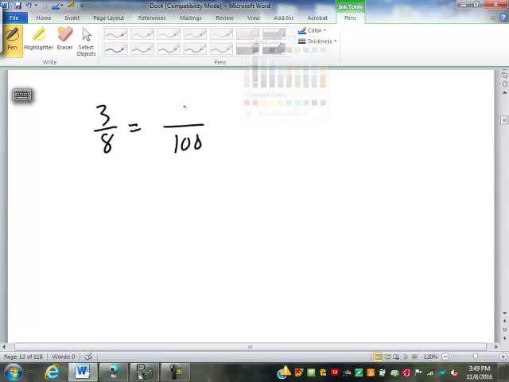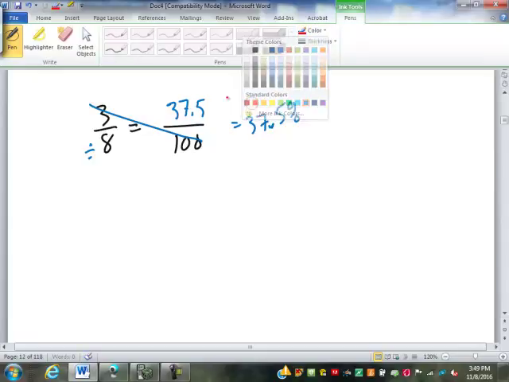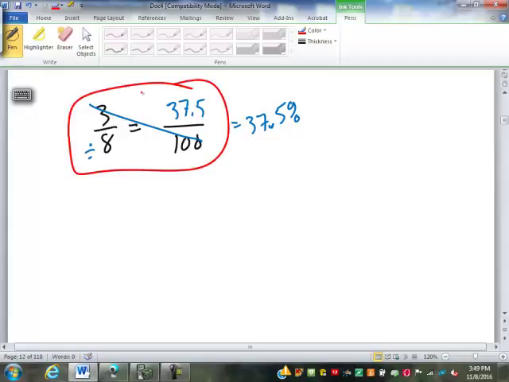So we solved that by cross multiplying. 3 times 100 is 300, and dividing by the 8 gave us 37.5 out of 100, or 37.5%. Well, that same type of proportion is going to be used for most of the percent problems that we're going to do.